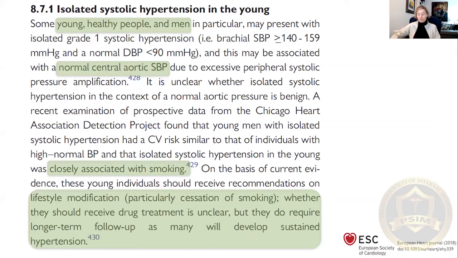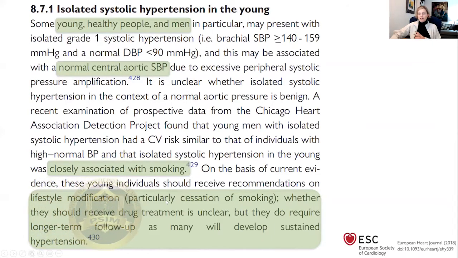That they should do anyway. We know it's becoming quite a bit of a problem in young populations still. Even with newer formats of smoking, they are all detrimental, and whether they should receive drug treatment is still unclear. And therefore, as is often the case for isolated systolic hypertension, longer-term follow-up and individual aspects of the person's health should really be taken into account when deciding on what sort of treatment is ideal.